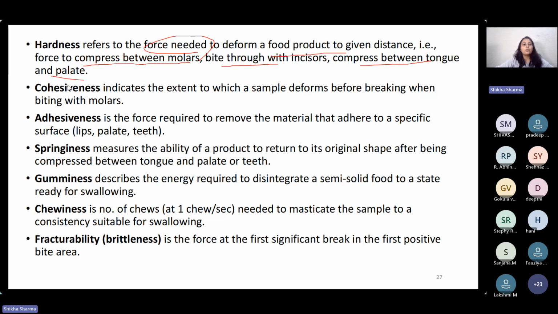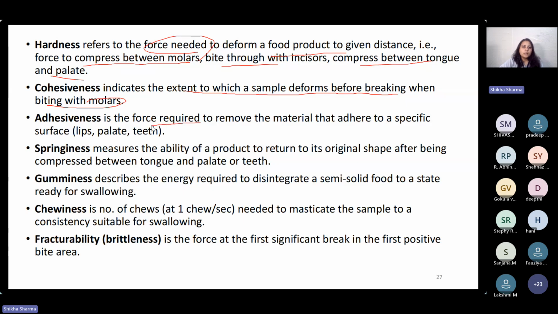When we are chewing or eating the food, how much force are we putting on the food? Second is cohesiveness. It indicates the extent to which a sample deforms without breaking when biting with the molar teeth. Third is adhesiveness.